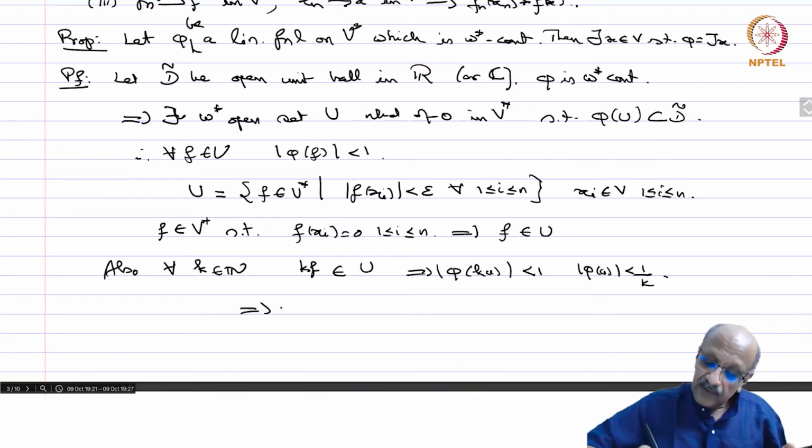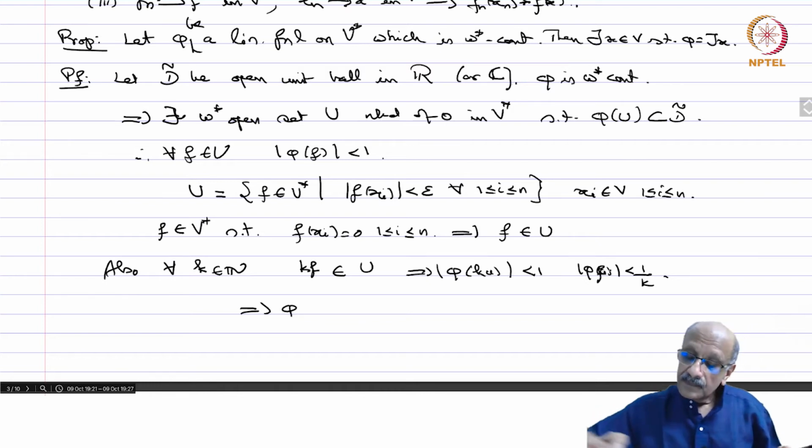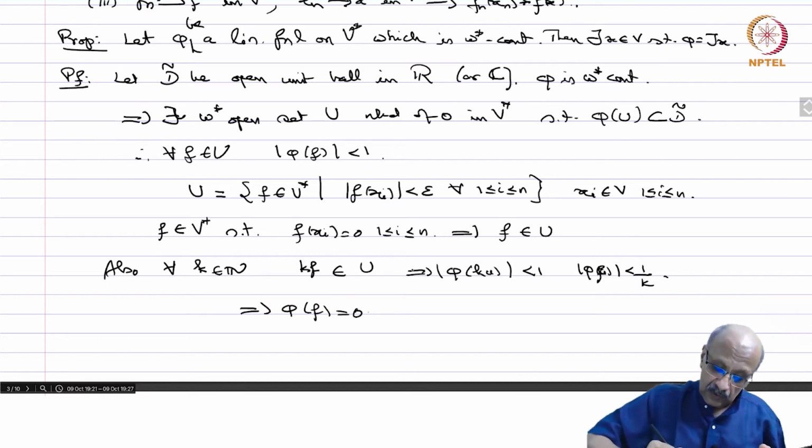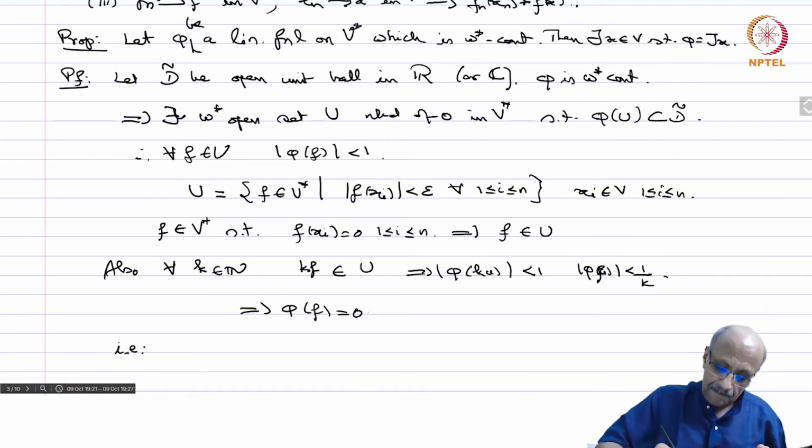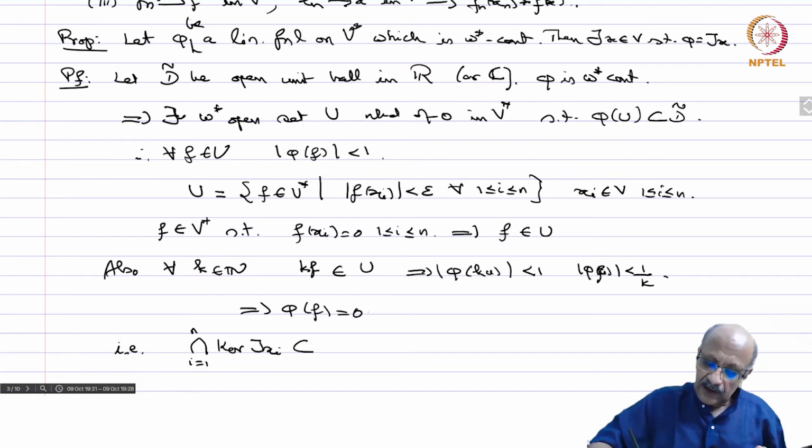And this implies that phi of f equals 0. So if f of xi equals 0, we have shown that phi of f equals 0. That is, the intersection of kernel of jxi, i equals 1 to n, is contained in kernel of phi.